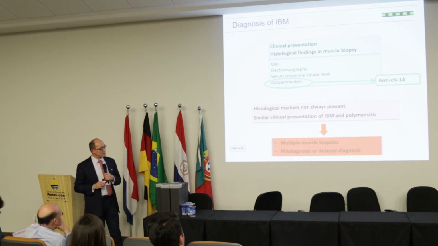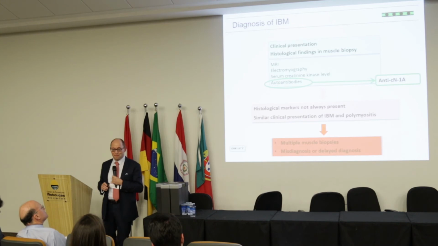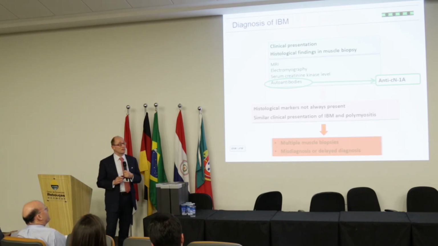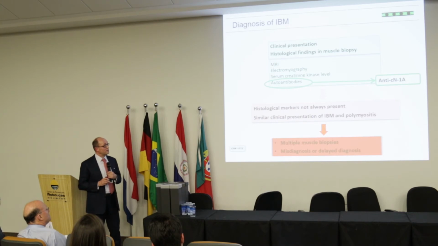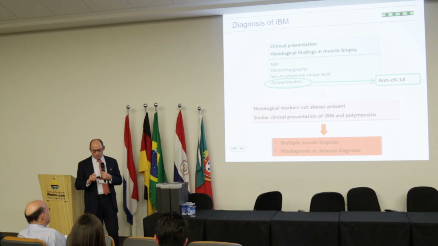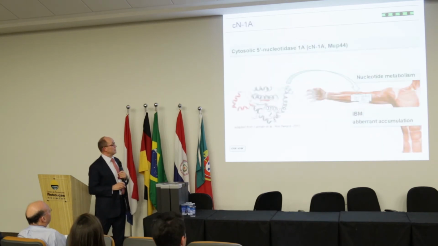But there is now a new antibody found in inclusion body myositis, CN1A, just recently, and we recently launched the first commercially available assay. So this may be a bit of a game changer in all these difficult cases. It's worth testing for these autoantibodies.